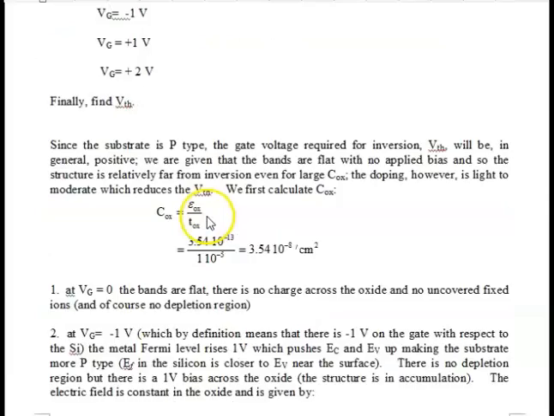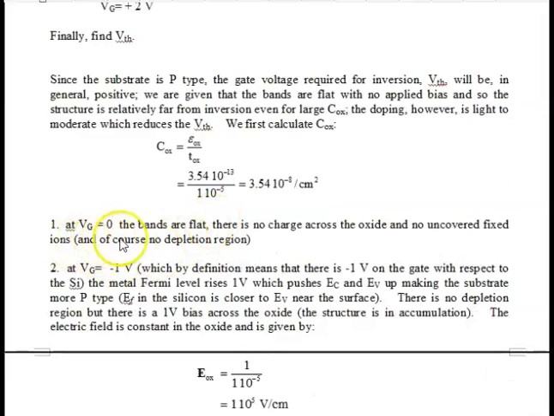Okay, so of course, first case where we have equilibrium, flat band, there is no charge any place, and there are no uncovered fixed ions, and of course there is no depletion region. At -1 volt, this is the case we just looked at in our energy band diagrams.